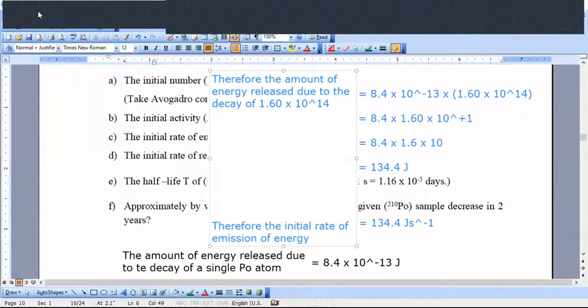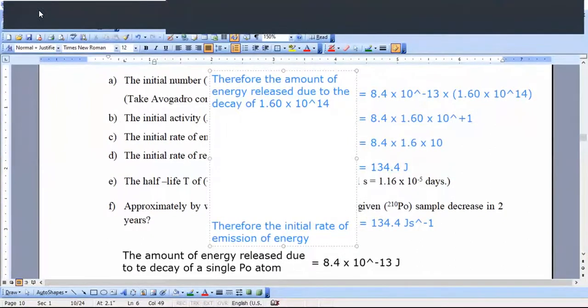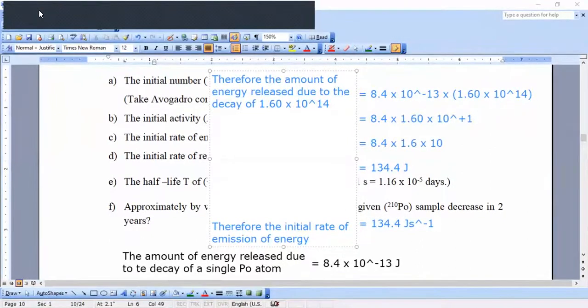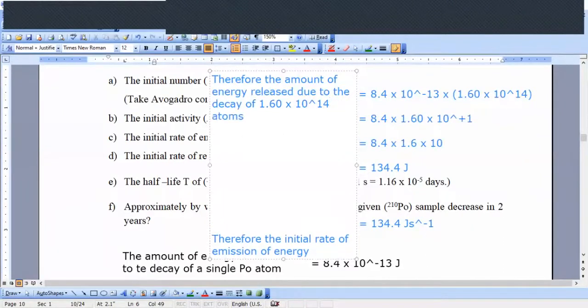The amount of energy released due to the decay of a single polonium atom equals 8.4 into 10 to the power minus 13 joules. Therefore, the amount of energy released due to the decay of 1.6 into 10 to the power 14 equals 8.4 into 10 to the power minus 13 into 1.6 into 10 to the power 14 equals 134.4 joules per second.